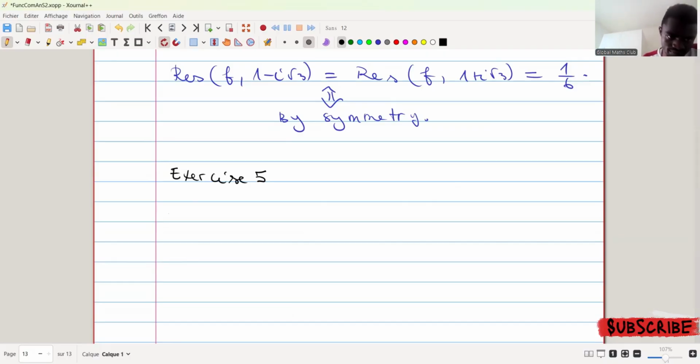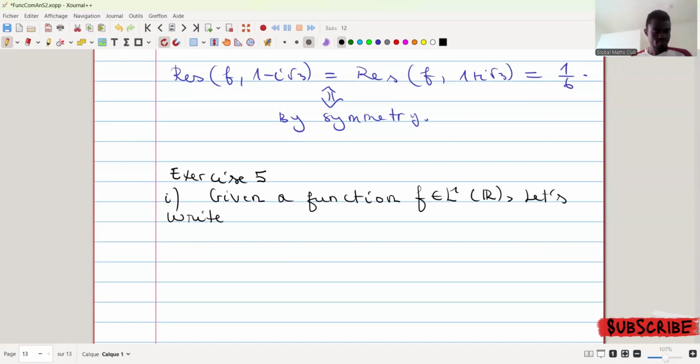So the first question: given a function f in L1 of R, let us write the Fourier transform.